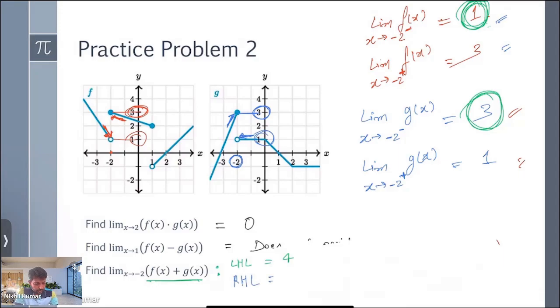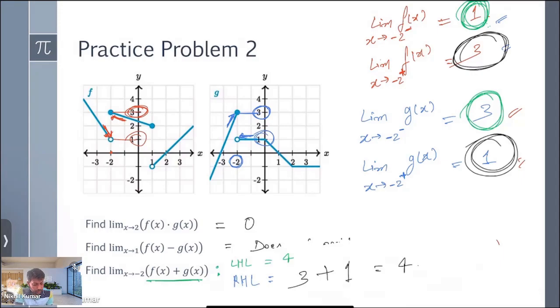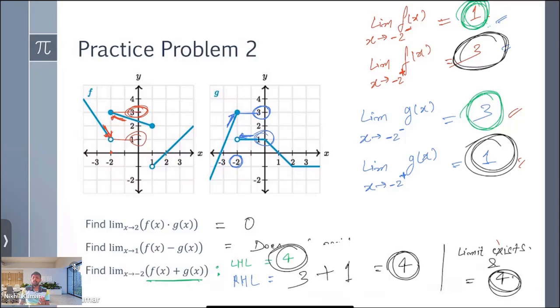To find that, you pick the right hand limit of this, which is 3, and the right hand limit of g of x, which is also coming out to be 4. That means limit exists, and is equal to 4, because both the limits are the same.